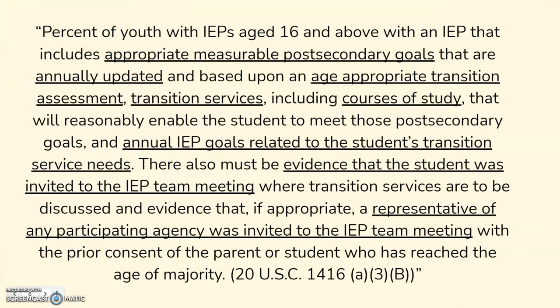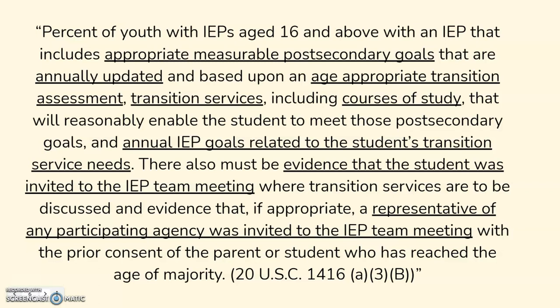Indicator 13 is the percent of youth with IEPs age 16 and above with an IEP that includes appropriate measurable post-secondary goals that are annually updated and based upon an age-appropriate transition assessment, transition services, including courses of study that will reasonably enable the student to meet those post-secondary goals and annual IEP goals related to the student's transition service needs.